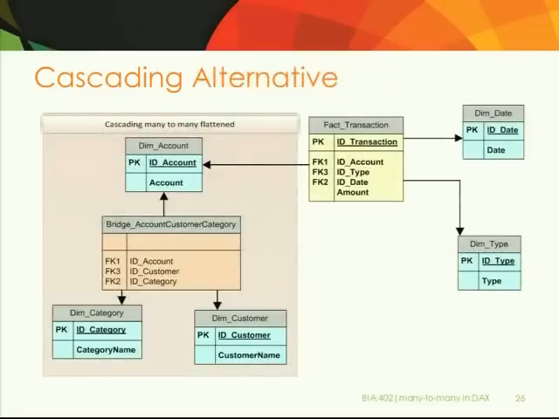There is an alternative that I'd like to show you about cascading many-to-many, that is to flatten the two bridge tables inside one single table. This is the very same data model, the very same data as before, with a different data model.